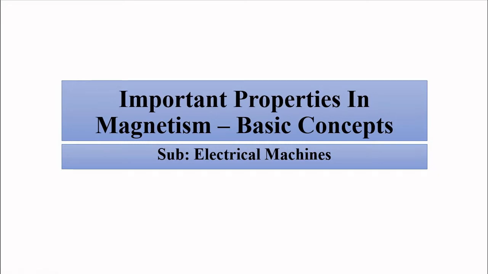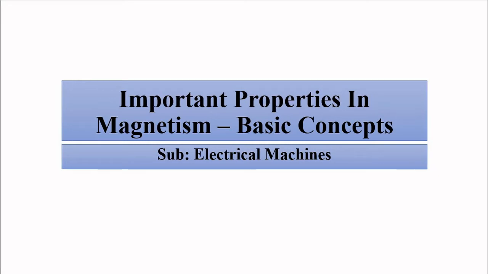In this video we are going to discuss some important properties, some important parameters associated with magnetism or the magnetic effects of electric currents, electromagnetism. There are some basic terminologies, definitions, and formulas which we should be aware of, we should have a basic understanding because they will come up in our discussion related to electrical machines.